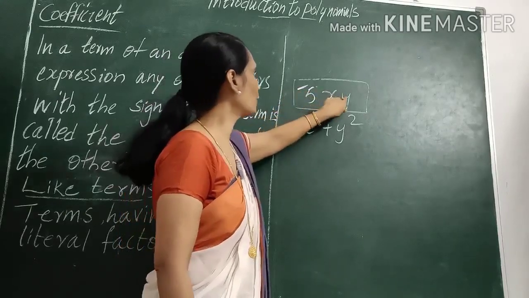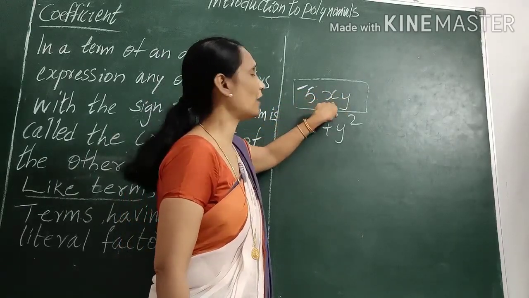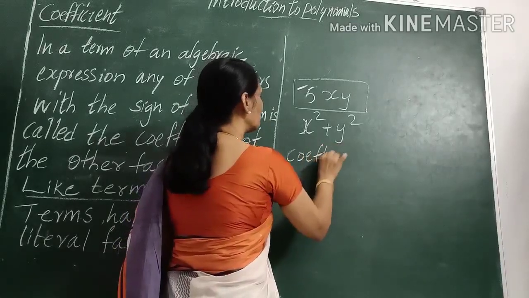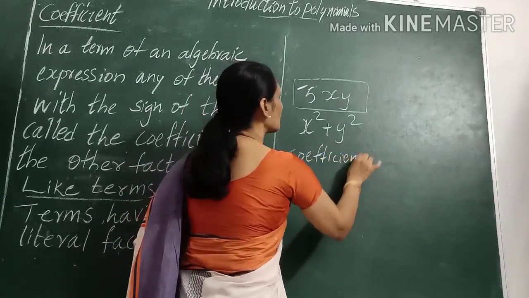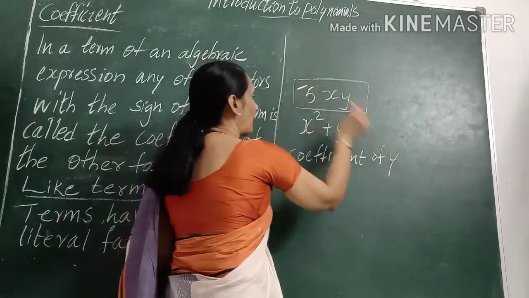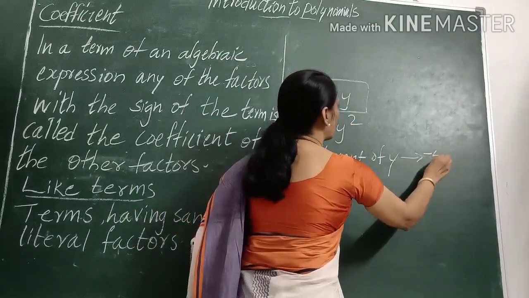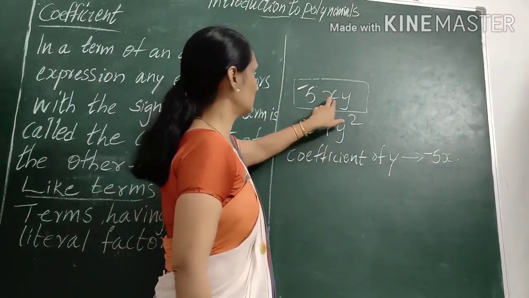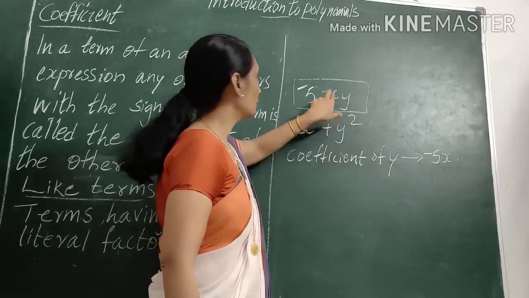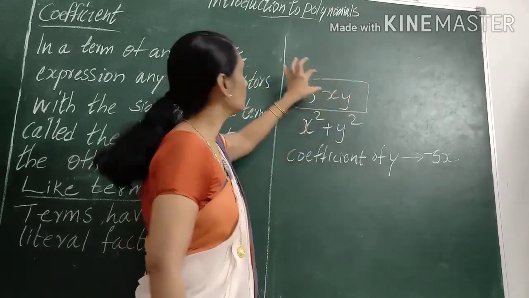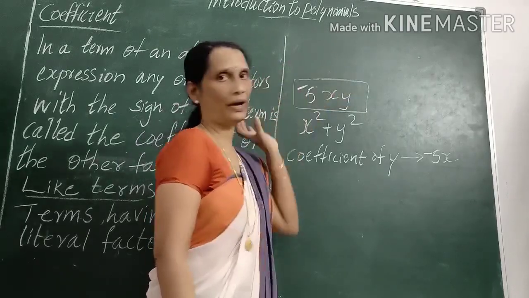So for y, minus 5x is the coefficient. So the coefficient of y is minus 5x. If we take x, with the x, what are the other factors? Minus 5 and y.